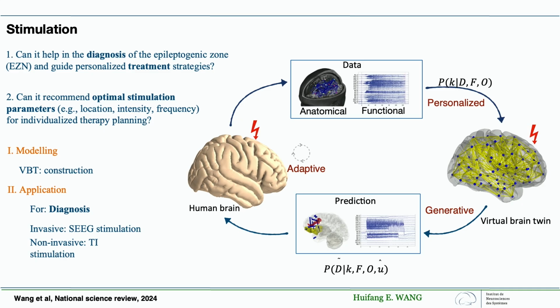Stimulation parameters include where we should stimulate, what the intensity is, and what the frequency is. So today I will talk about how to construct these virtual brain twins, and two examples for SEEG stimulation and TI stimulation.